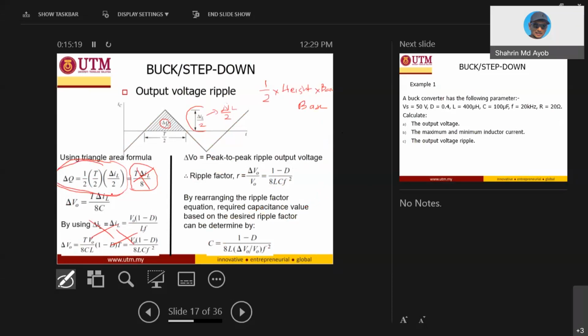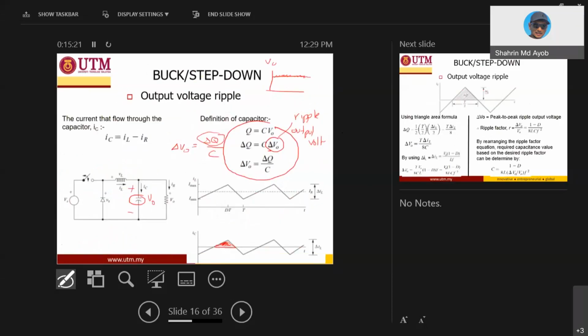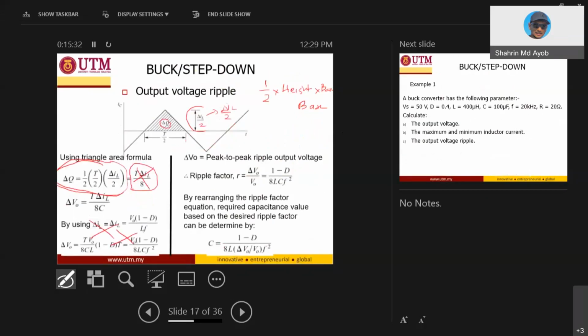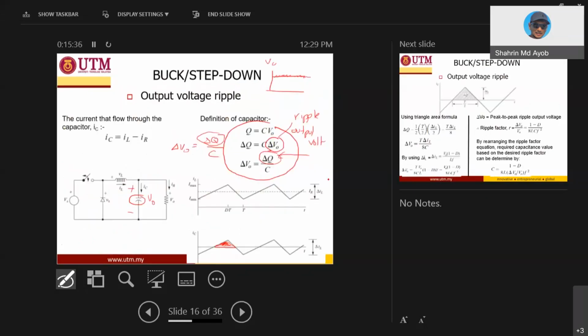then you just substitute delta Q into this formula, and you can obtain your V out or anything about the capacitor. In this case, you don't need to memorize this one. What you need to do is memorize this equation.